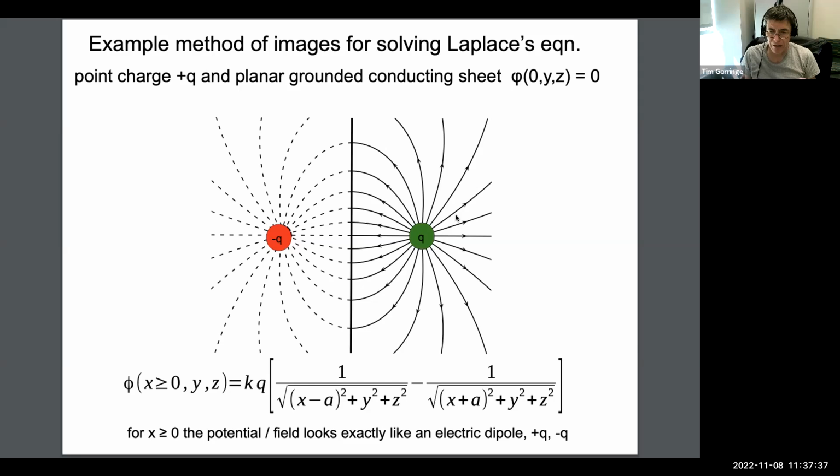So in the method of images, instead of solving a problem of a conductor and a charge, or in general, conductors and charges, we solve a problem that involves just charges. That is easy to solve because you've just got to add the potentials of the charges.